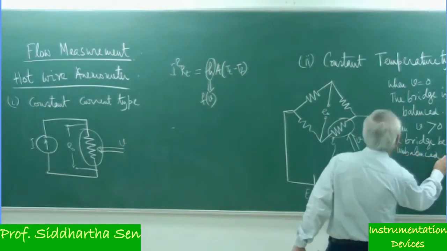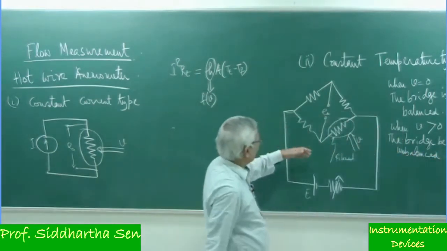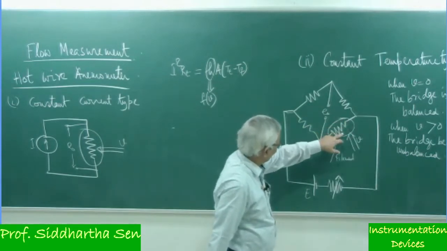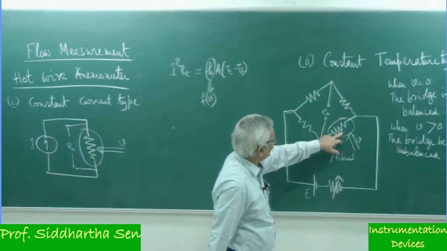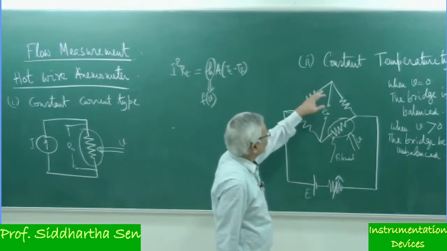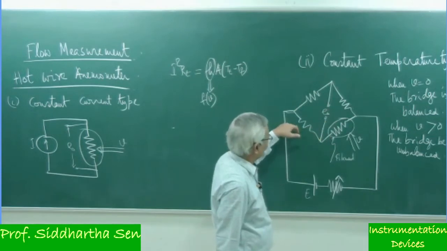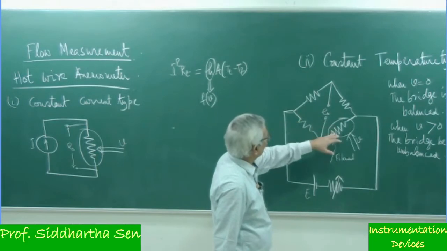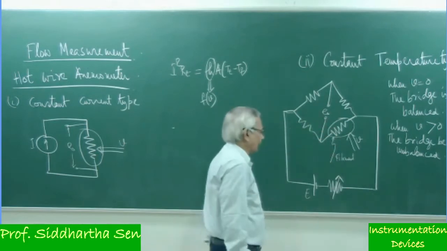So whenever V is greater than 0, there will be more cooling, and as a result its resistance will become less than the other one, and the bridge will become unbalanced.